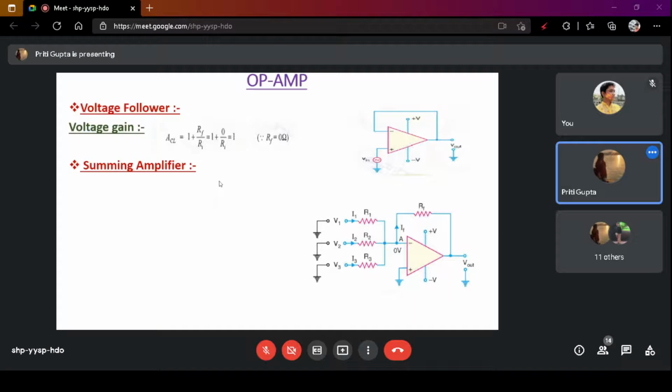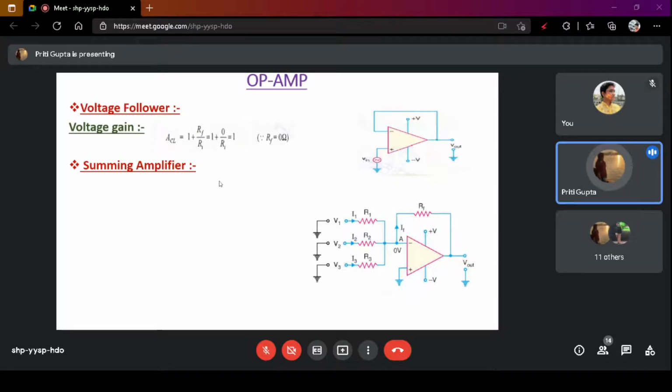In a summing amplifier, we basically give all the inputs. N number of inputs you can give using n number of resistances.